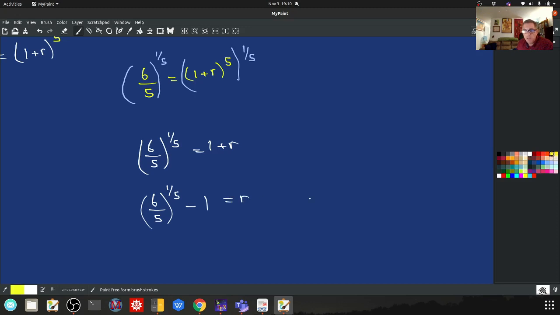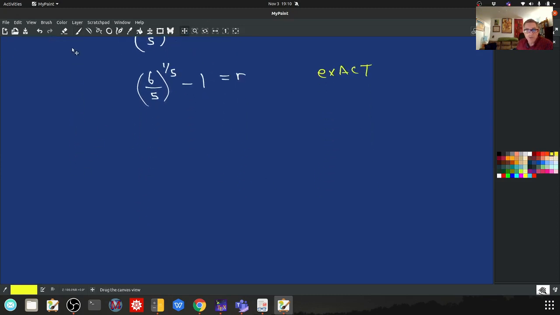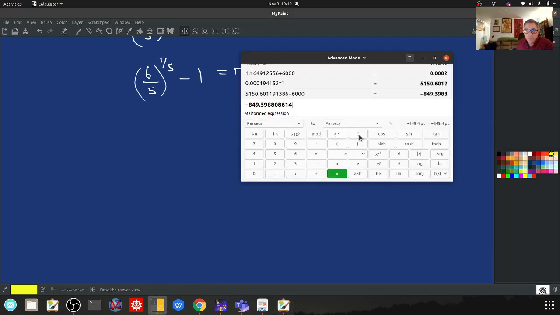Now notice this answer is exact, but that doesn't really help me. I want a numerical value. So I have to know how to raise 6/5 to the 1/5. So we get out our calculator. We clear everything. 6 divided by 5 equals, notice it's going to be greater than 1.